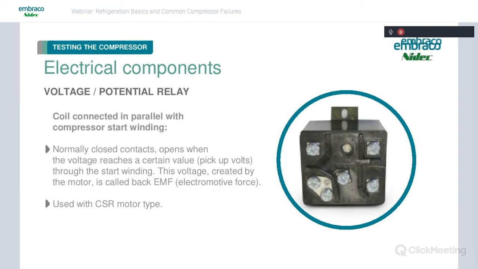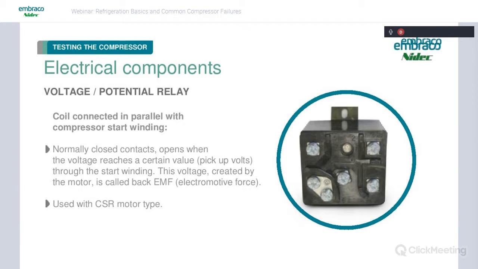This coil reads that EMF, and when it gets up to about 75% speed, it's designed to lift up the contacts, and that's what they call pickup volts. When that coil senses enough voltage, it'll pick up those contacts and de-energize the start winding.